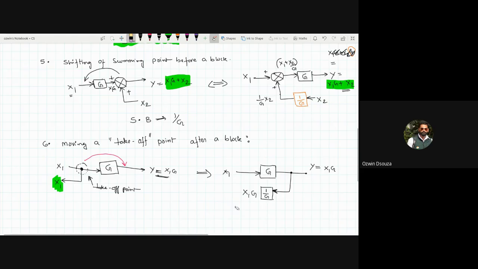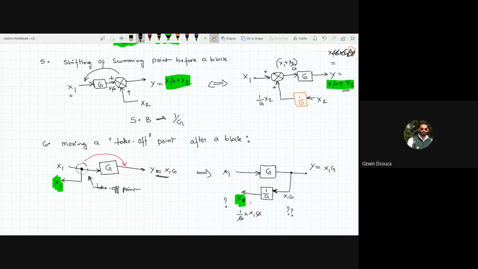If you multiply the output signal with 1 by g, you would obtain the bottom signal as x1 itself. Why? Because input to this particular block is x1g, and therefore the output of this block is basically 1 by g into the signal x1g. So g gets cancelled, and you're going to get the signal value as x1.